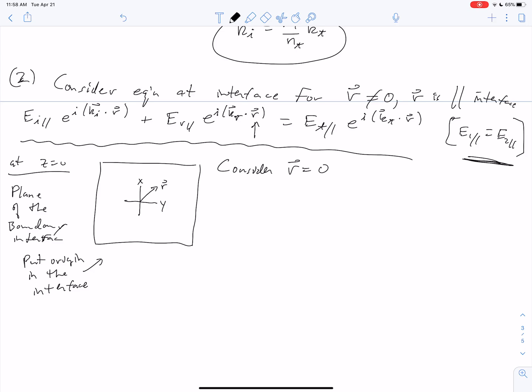Then I have E incident parallel plus E reflected parallel equals E transmitted parallel, because the phase is 0. I mean the phase itself, not the phase factor.